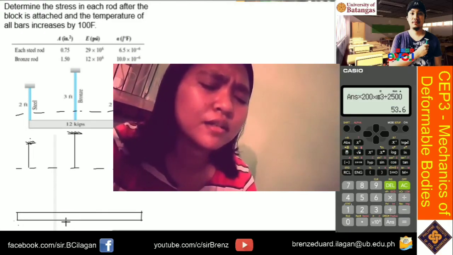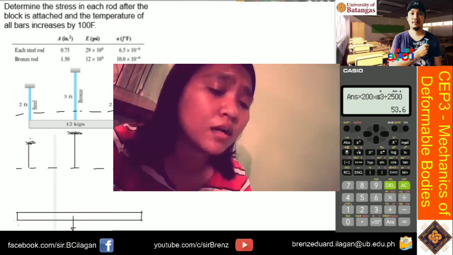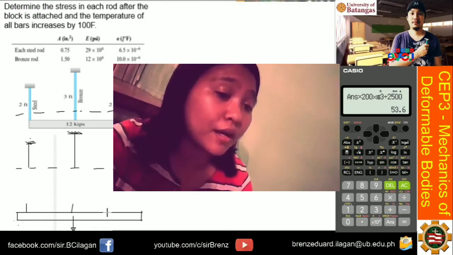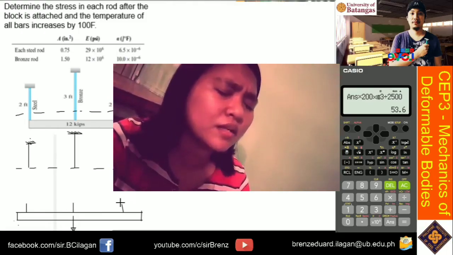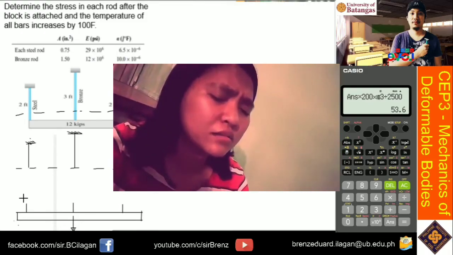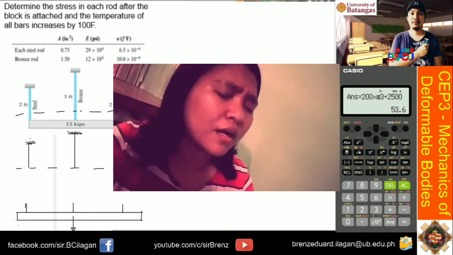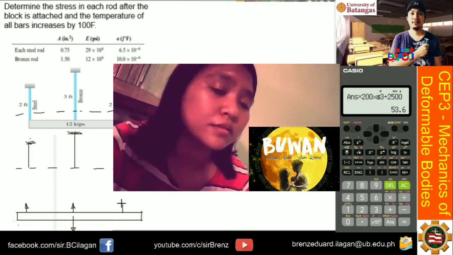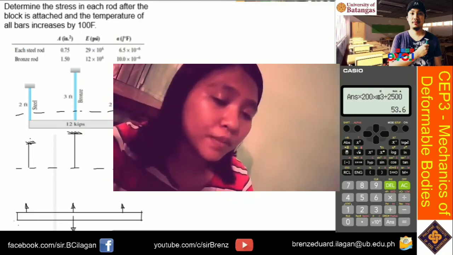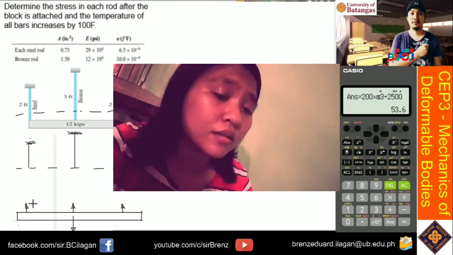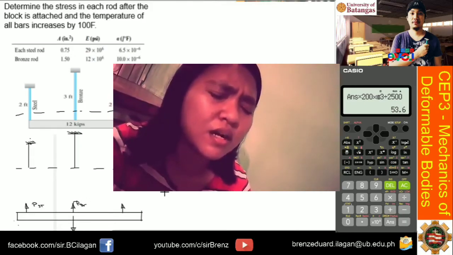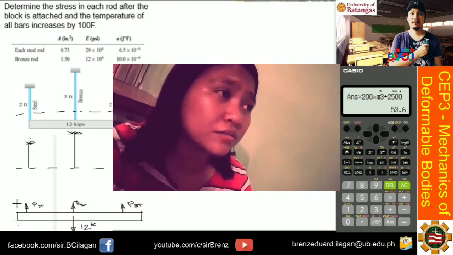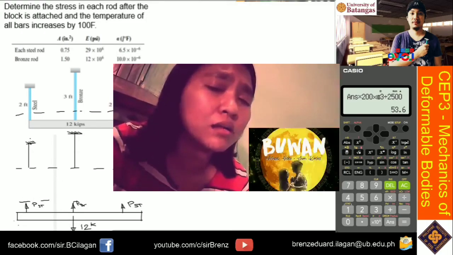Sana ay tabihan na sa ilalim ng puting ilaw, sa dilaw na buwan. Pakinggan mo ang aking sigaw sa dilaw na buwan.